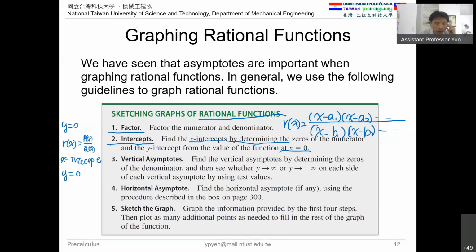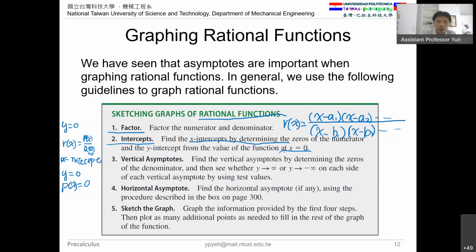In this case, the denominator cannot be zero, so we simply set p of x, the numerator of the rational function, equal to zero. Then we find the x-intercept at the point where the numerator equals 0. Okay, so if you would like to find the y-intercept, that is simply when x equals zero. The y-intercept happens at x equals 0.